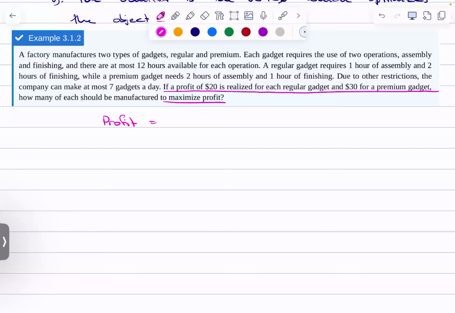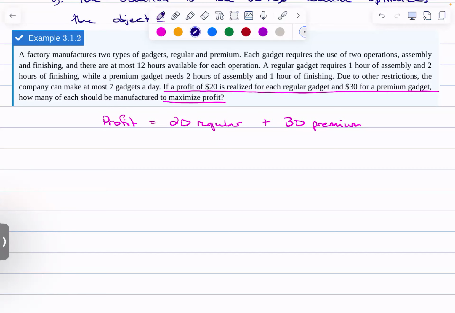So your profit is going to be, you get 20 per regular gadget and you get 30 per premium gadget. And so if we just kind of start off here, we can use that as a clue to figure out what you should let your X be and what you should let your Y be. Okay?